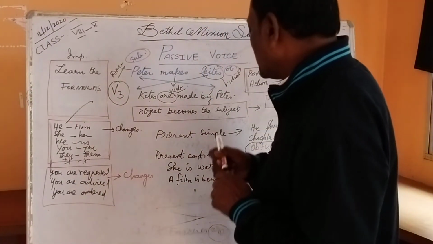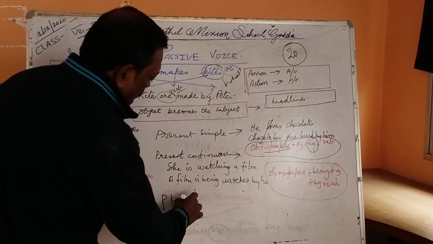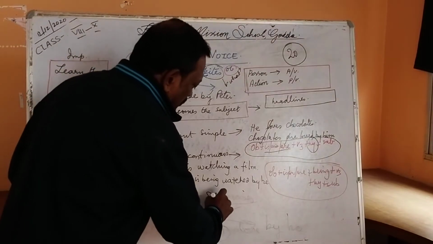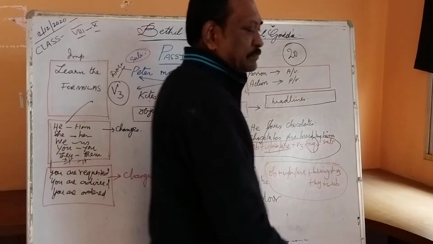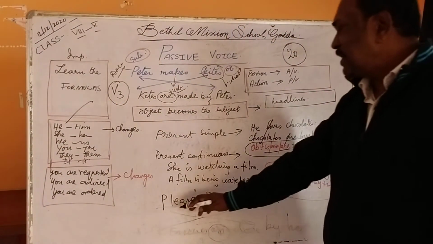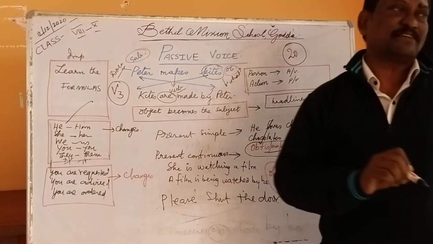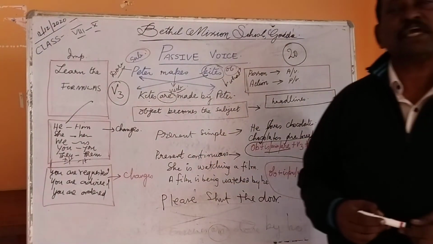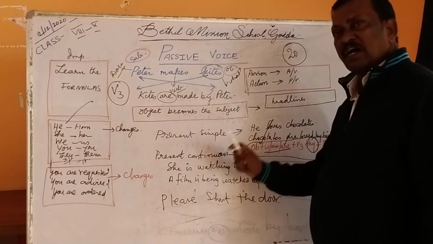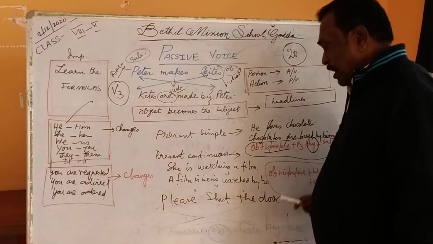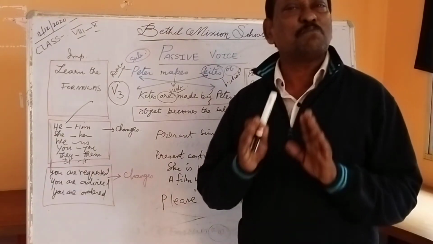Now look at the sentence. Please shut the door. I repeat the sentence. Please shut the door. Now, by looking at this sentence, at the very beginning, you can understand that it is a request. Looking at the sentence, you will get the idea that it is a request because please is used.